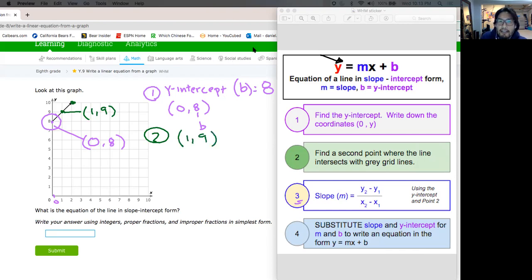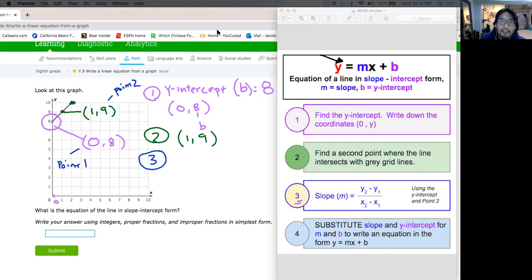Step 3. This has to be something that you guys are really excited about, which is to find the slope. So let's say that we've got (1, 9). That will be my point 2. And (0, 8). That will be my point 1.